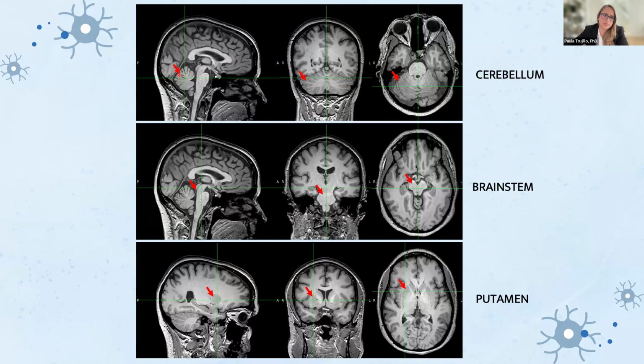On the top row, the red arrow is pointing at the cerebellum, on the sagittal, coronal, and axial planes. Then in the middle, we have the brainstem, again on the sagittal, the coronal, and the axial slice. And finally, we can see the putamen on the sagittal, coronal, and axial slices.